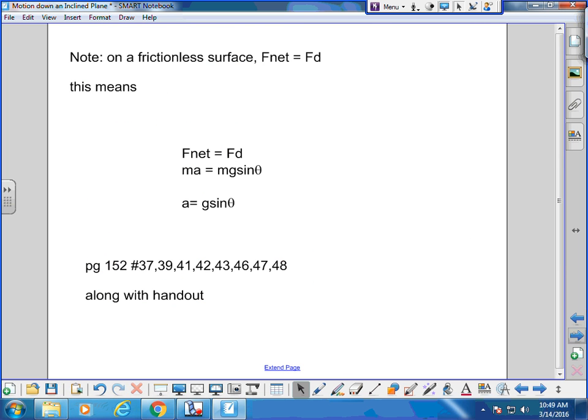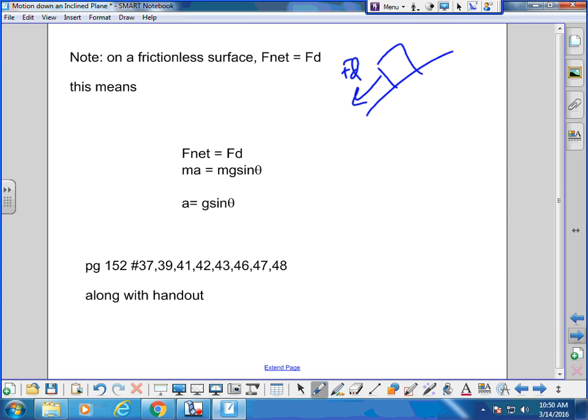Okay, now, note, here's a little aside. On a frictionless surface, do you agree that the net force is Fd? We've been through this, right? On a frictionless surface, the Fd is equal to the net force. So F net is equal to Fd. F net is equal to MA. Fd is equal to mg sine theta.